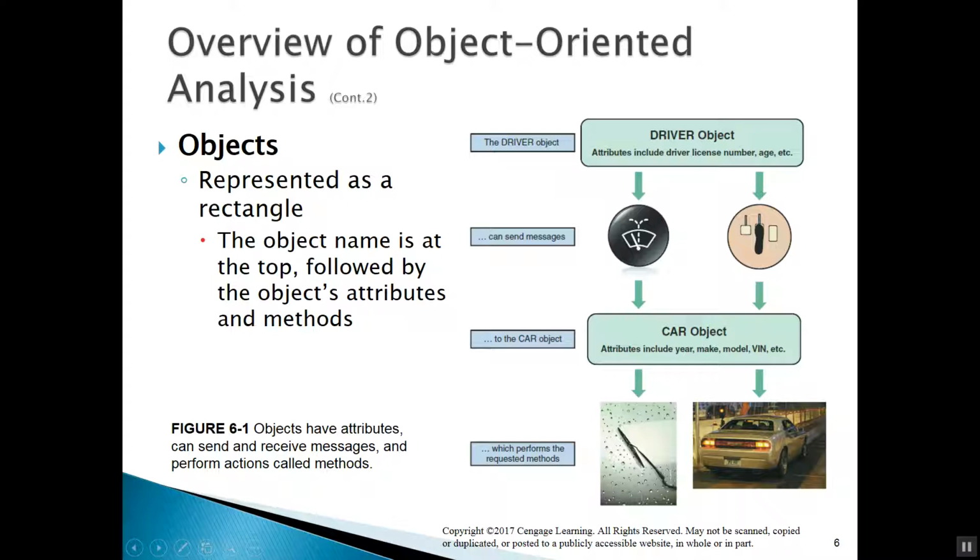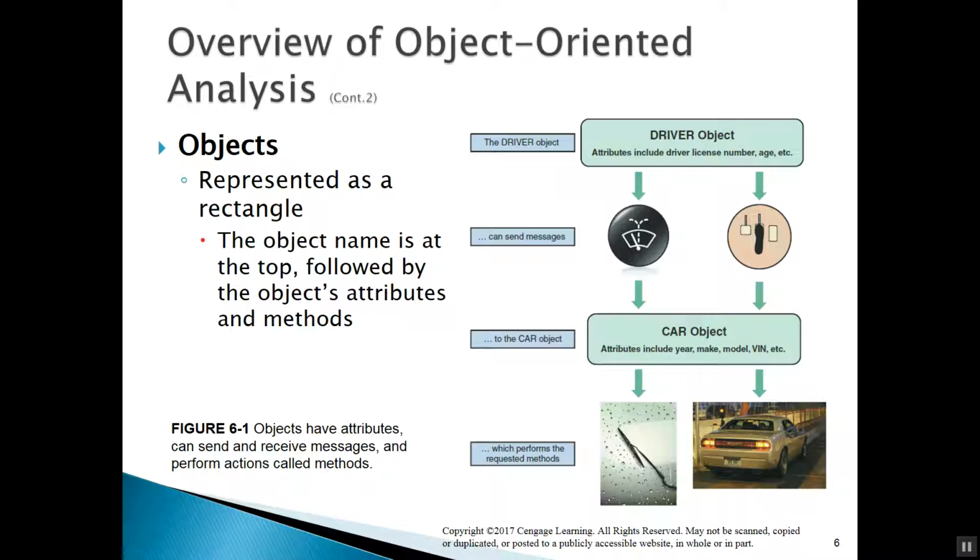Now, you could have a driver object that interacts with a car object. The car object could send the driver a message that wiper fluid is low. The driver could send a message to the car initiating the wiper command.